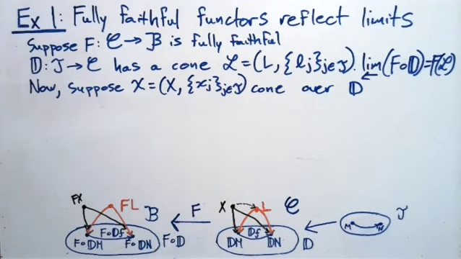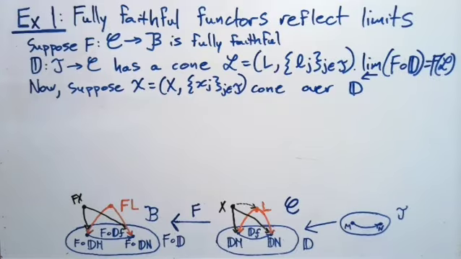Because functors preserve cones always. And if you don't believe me, you can quickly prove that yourself. That should be like a 3-line proof. Prove that if X is any cone over any diagram, then the image of that cone under any functor will also be a cone over the image of the diagram.